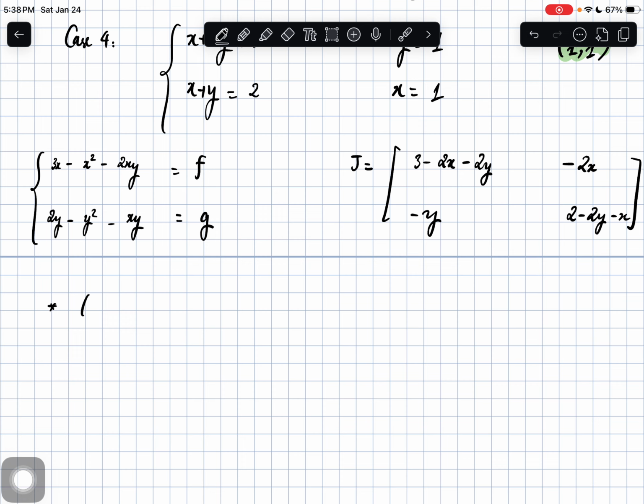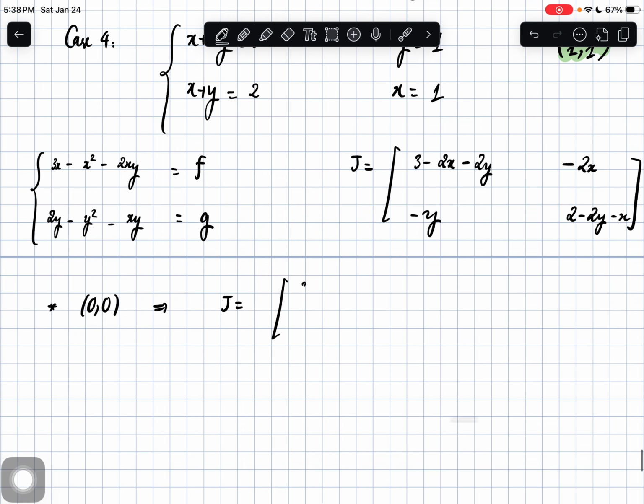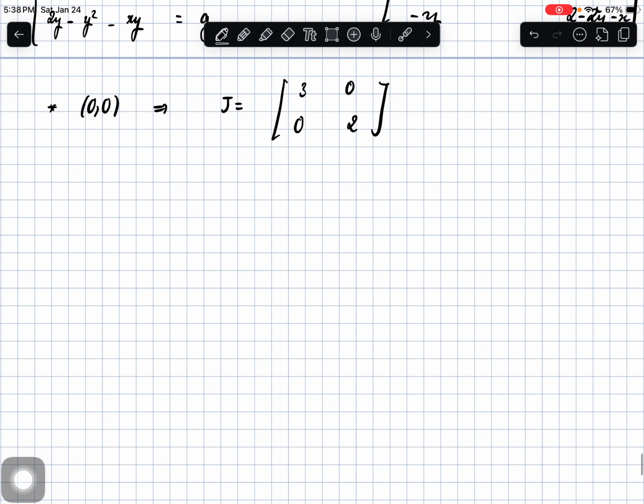So first case, (0, 0). The Jacobian matrix is now [3, 0; 0, 2]. We have a diagonal matrix. We know for sure lambda 1 is 3, lambda 2 is 2, and this is diagonal. You know that 3 will correspond to (1, 0) and 2 corresponds to (0, 1).